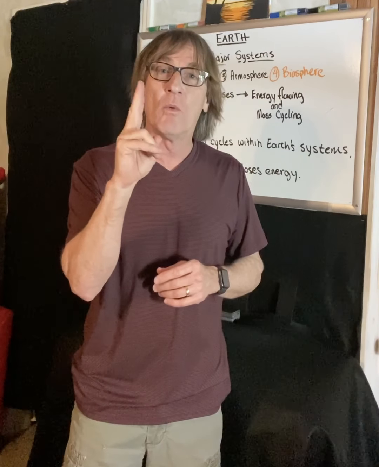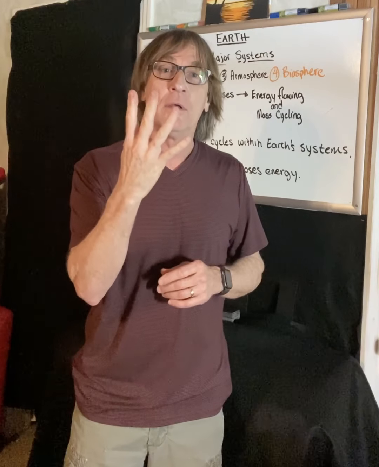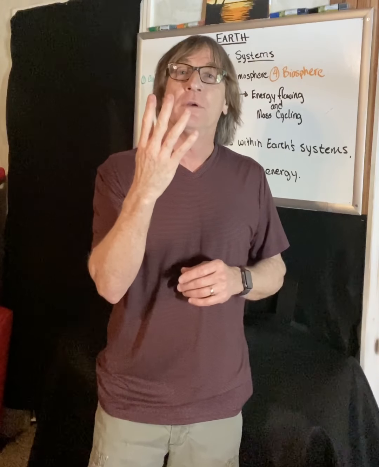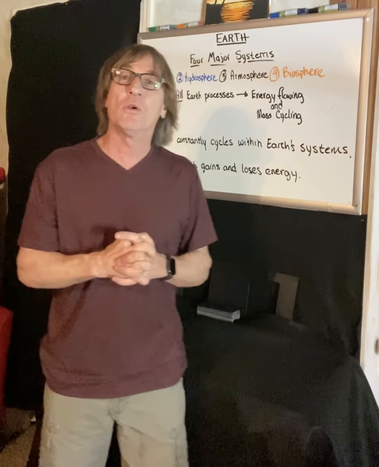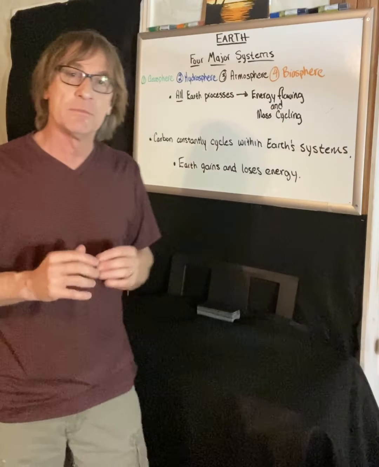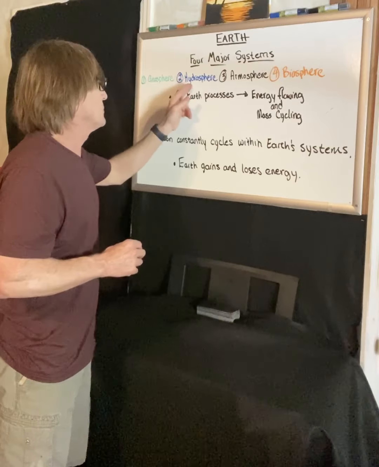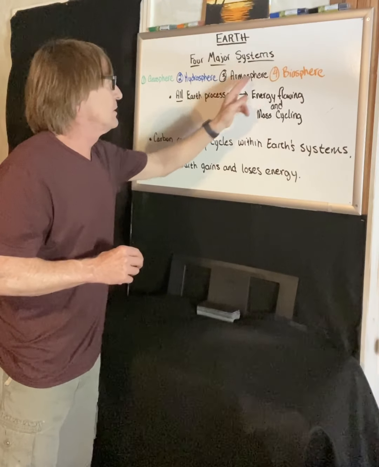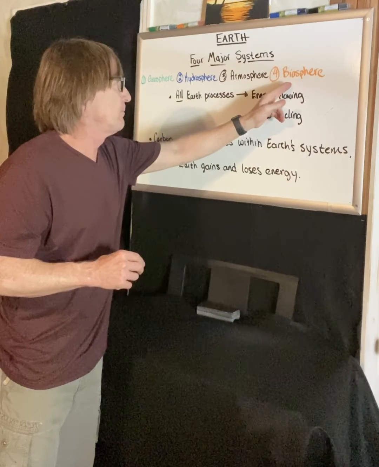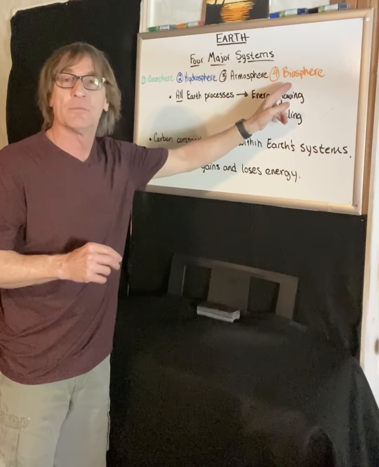Again, rock, water, air, life. Okay, and it's made up of four major systems. The four systems are Geosphere, Hydrosphere, Atmosphere, and Biosphere. Those are the four systems that make up Earth.